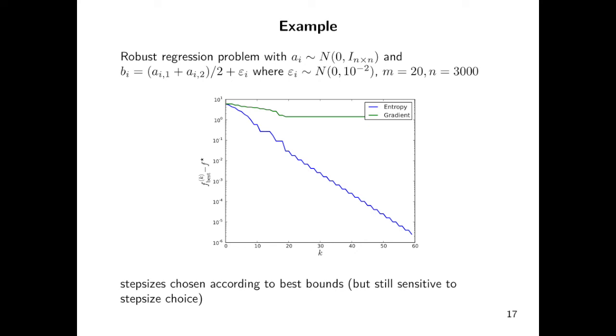The horizontal axis is just iteration, and the y-axis is suboptimality. Gradient descent is the green line. It stagnates after 20-ish iterations, but mirror descent continues to make progress rapidly. So yes, it's a theoretical difference, but really this theoretical difference is also borne out in practice.